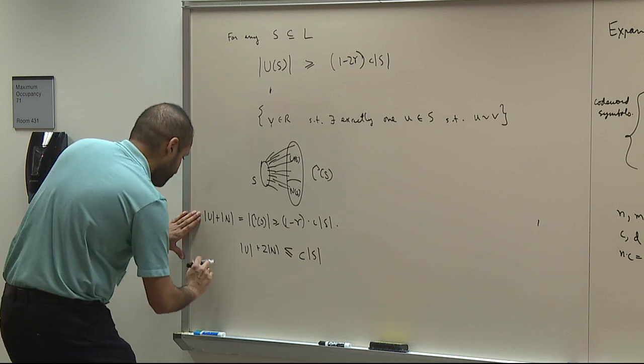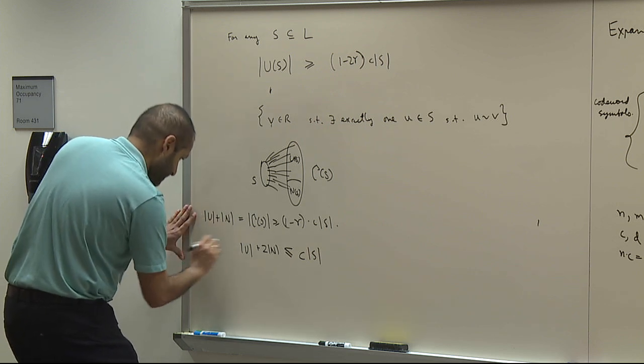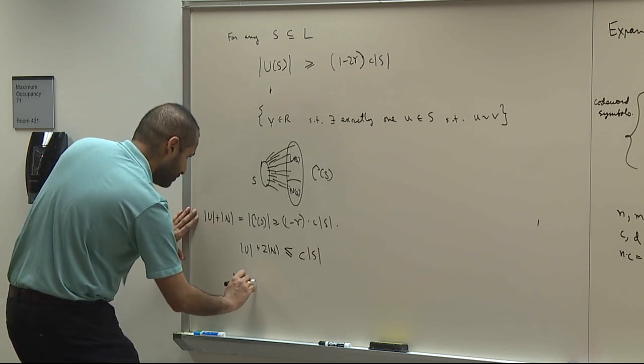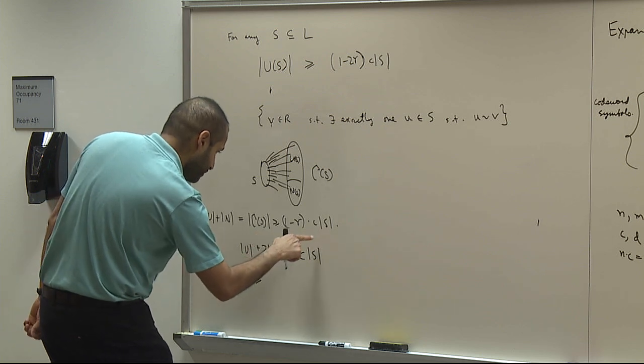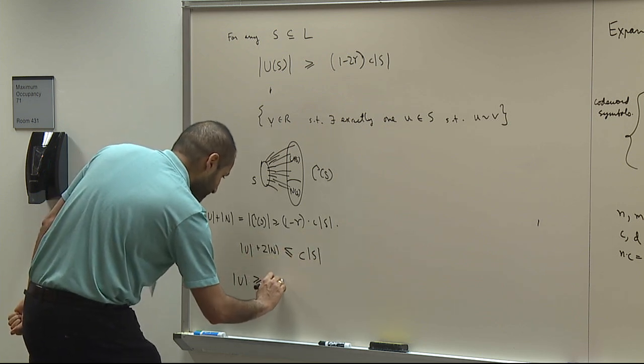I get 2 times this minus this, which is size U, is at least 2 minus 2 gamma minus 1, which is 1 minus 2 gamma. Yeah, good. Okay.